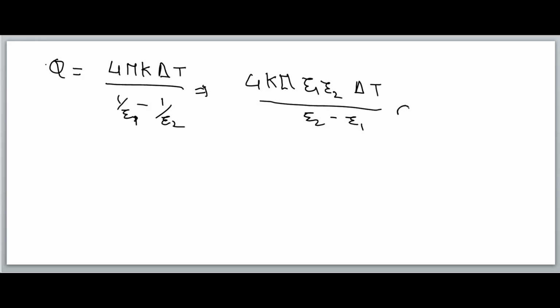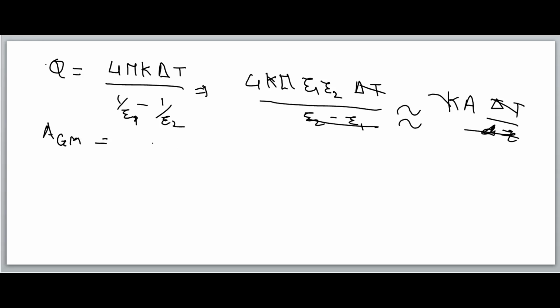Now we are considering this equivalent to K into A delta T upon delta X. So this delta X will be cancelled, this delta T will be cancelled, this K will be cancelled. So this A is nothing but a geometric mean, A GM, which will be equals to 4 pi into R1 R2.